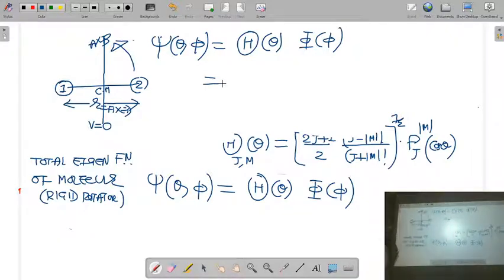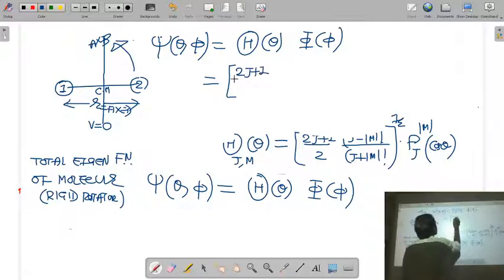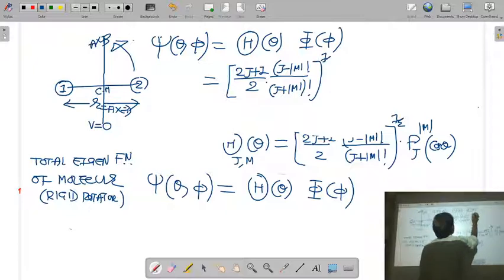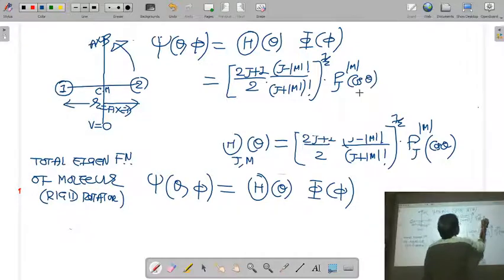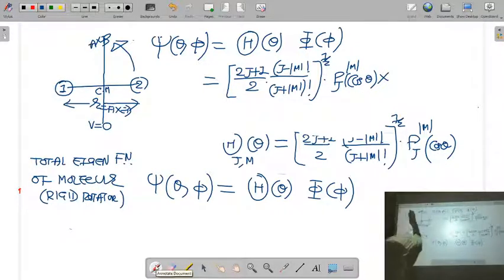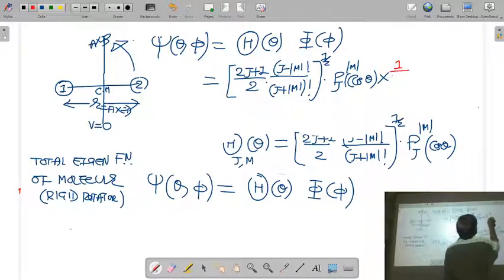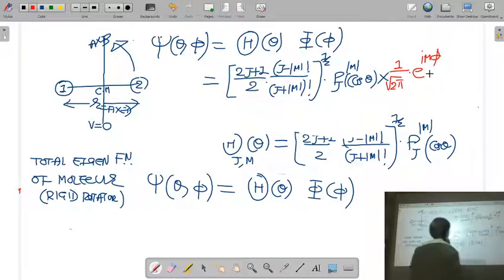The normalized solution of the theta equation is 2j plus 1 upon 2, j minus m factorial upon j plus m factorial, raised to 1 by 2, P_j^m(cos theta), into, I think you must remember, the normalized solution of the phi equation, that was 1 upon root 2 pi, e raised to i m phi.